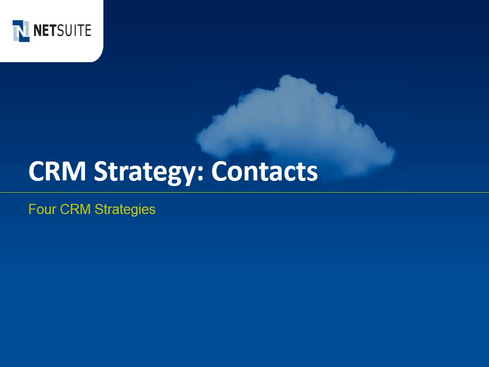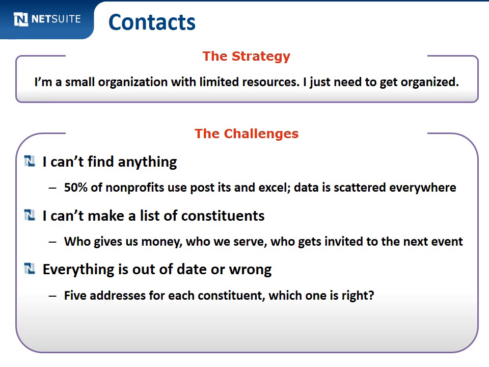So the first one is contacts. Really the story here is I'm a small organization with limited resources, and I just need to get organized. The most common version of this is actually a larger organization that may have tried once or twice and had a difficulty, and then they realize they need to kind of start from step one of the ladder.